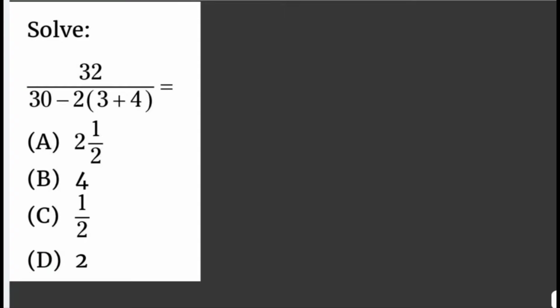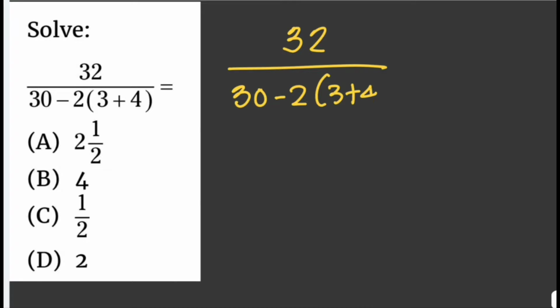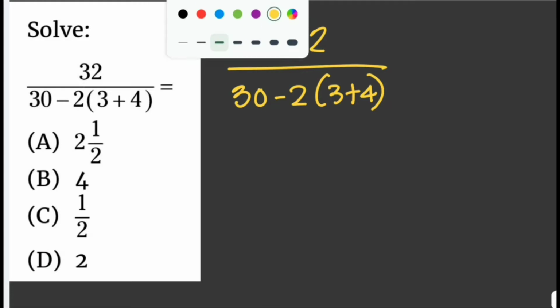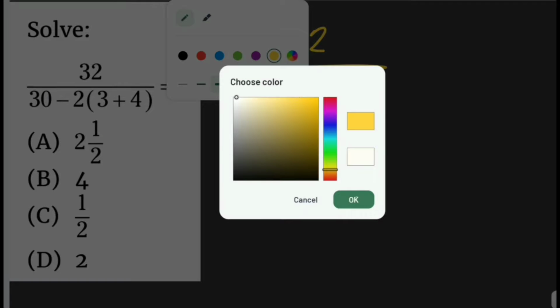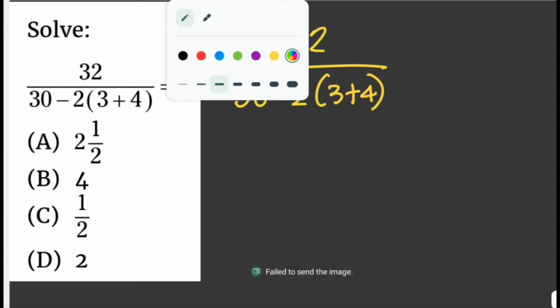Solve 32 over 30 minus 2 times (3 plus 4). Okay, so we have 32 over 30 minus 2 times (3 plus 4). Now to divide this, we need to simplify the denominator first.